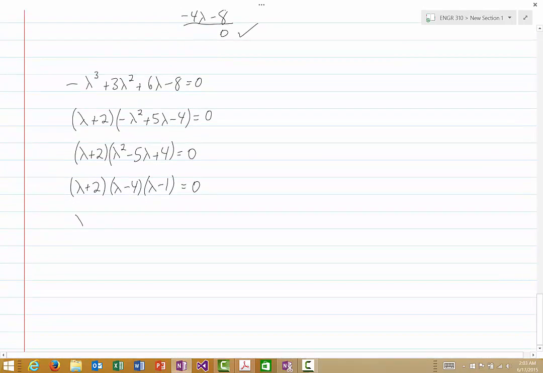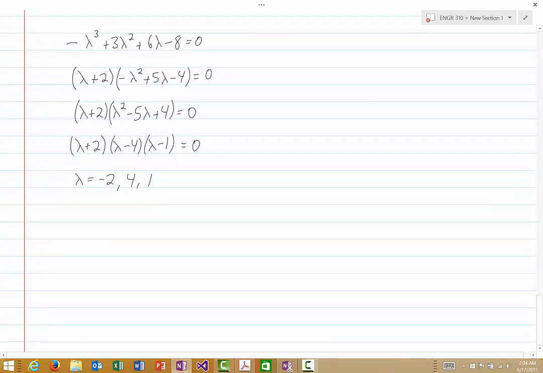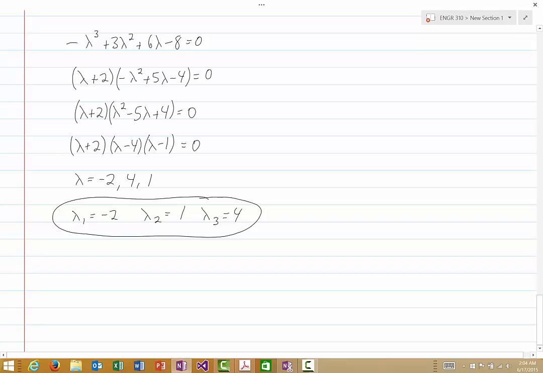So the eigenvalues are lambda equals negative 2, 4, and 1. And I'll label these in increasing order. So lambda 1 is negative 2, lambda 2 is 1, and lambda 3 is 4. So there are the eigenvalues of this matrix.